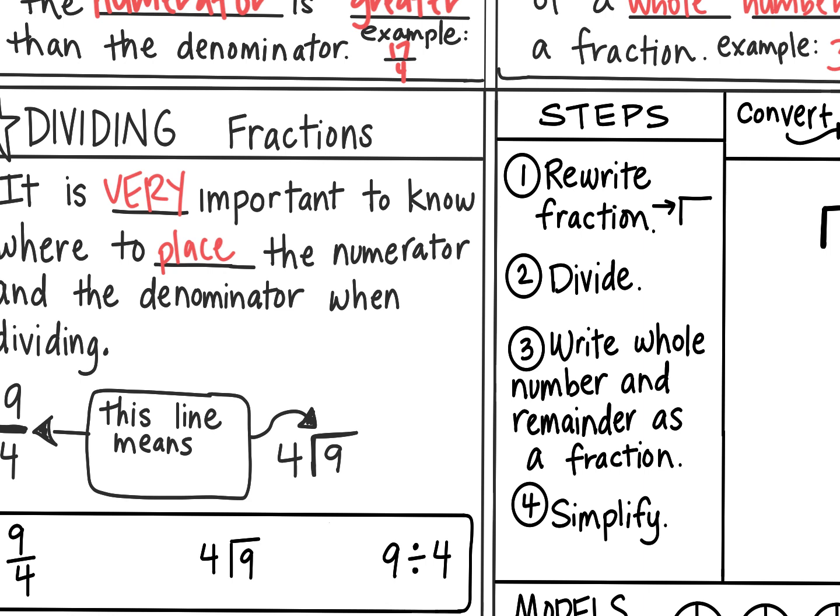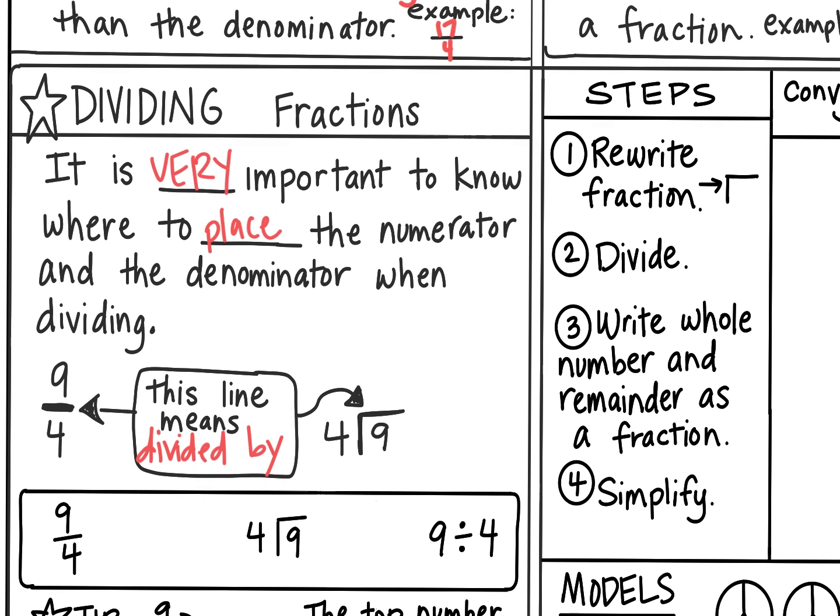This line right here between the 9 and the 4, that fraction bar, means divided by. So when you see a fraction bar right here, that means 9 divided by 4. So how do I write that as a division problem? 9 divided by 4.